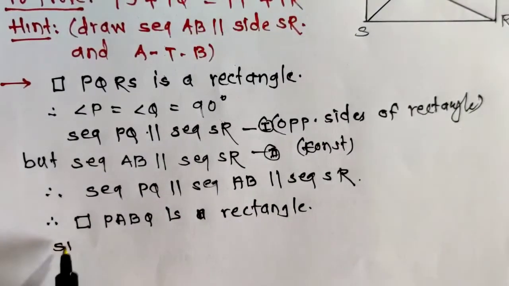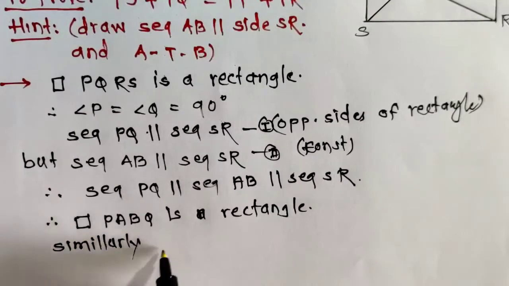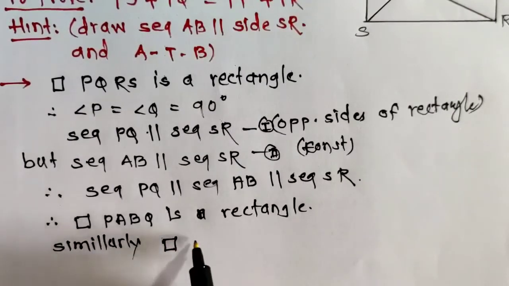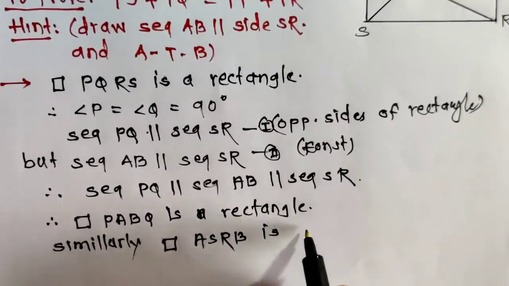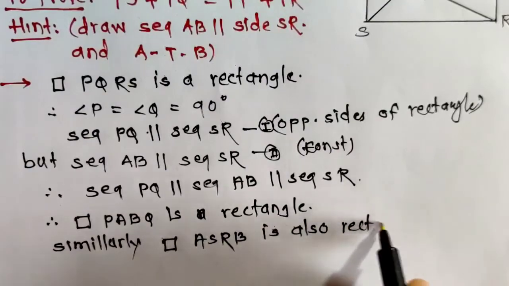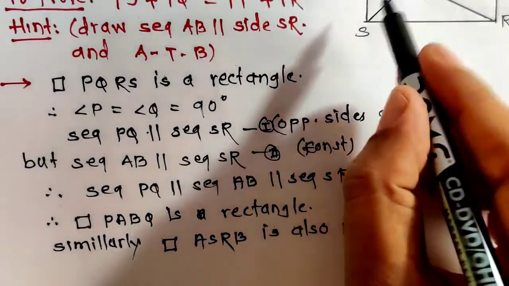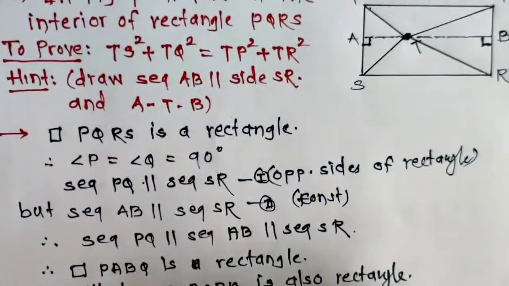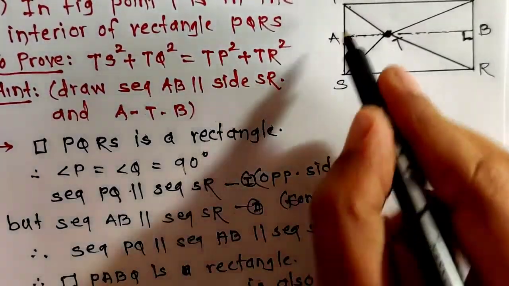Similarly, you know the property of rectangle, opposite sides are congruent. Quadrilateral ASRB is also rectangle. So two rectangles we get. So opposite sides of rectangle are congruent. You know the property. Therefore what we can write here?